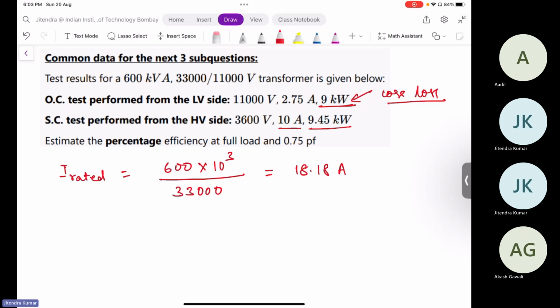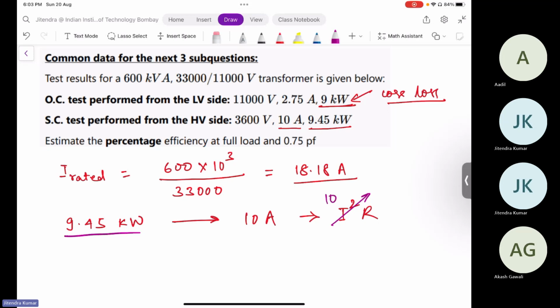So clearly we can see that the SC test parameters are at 10 ampere, which is less than the rated current, 18.18 ampere. So the 9.45 kilowatts of loss given corresponds to 10 ampere, which means it is I square R, where I here is 10 amps. So this power is directly proportional to I square, right?